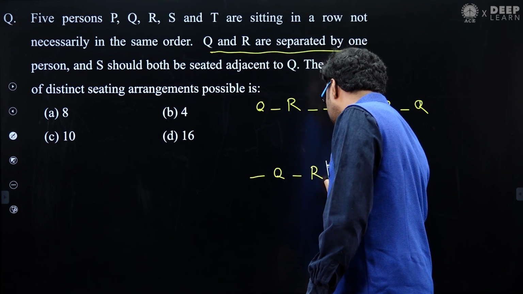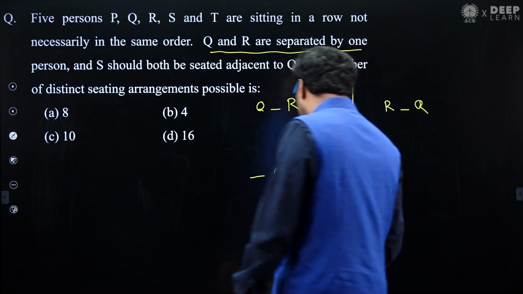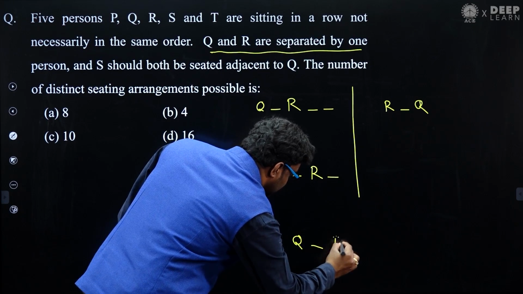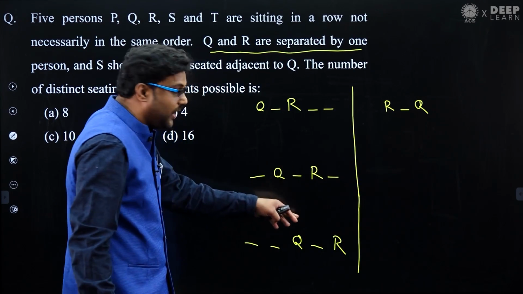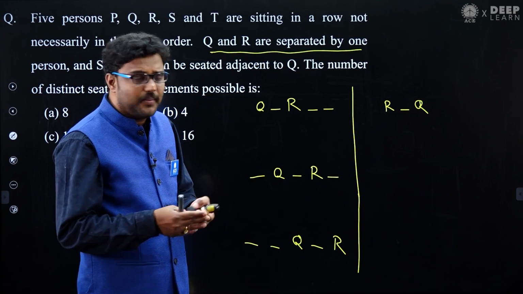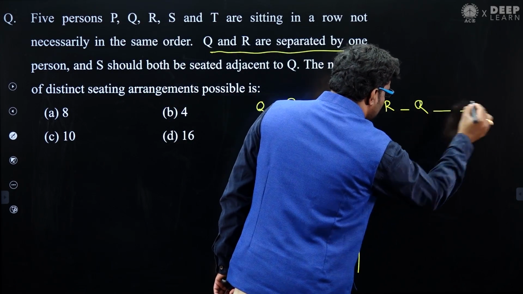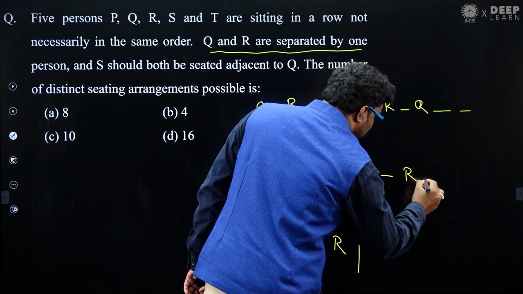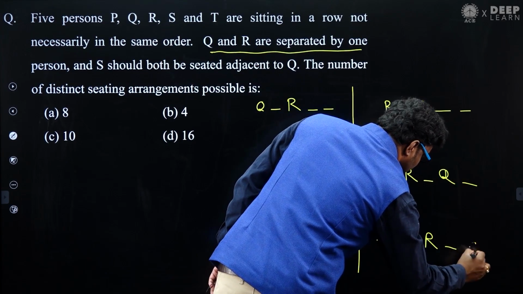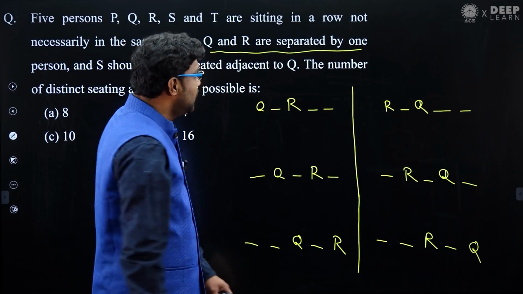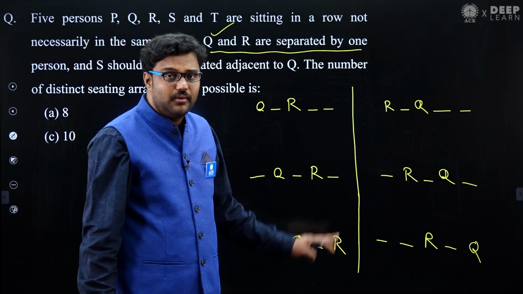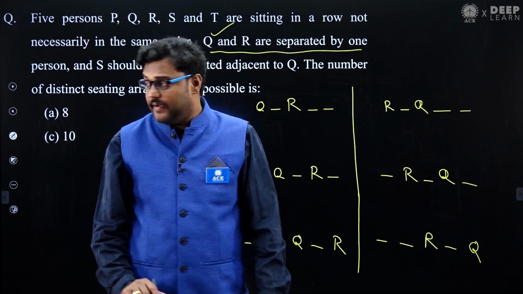Somebody should arrange like this, and still there is one more possibility, blank, blank, Q, blank, R. See, there is 1 between Q and R. R and Q or Q and R, that's not a problem. Here also we have R, blank, Q, blank. So we are just going with different possibilities. So this condition is completed, there is 1 between Q and R. According to that, these are the possibilities.